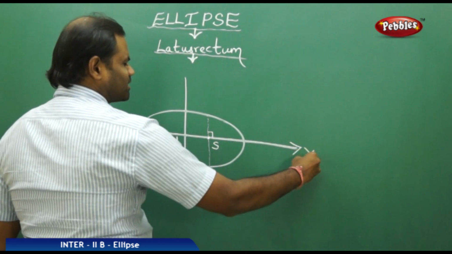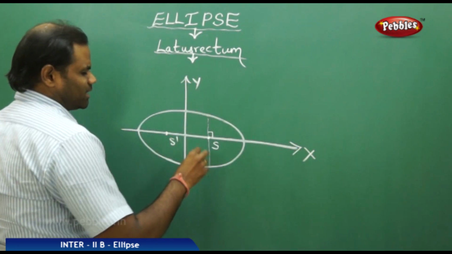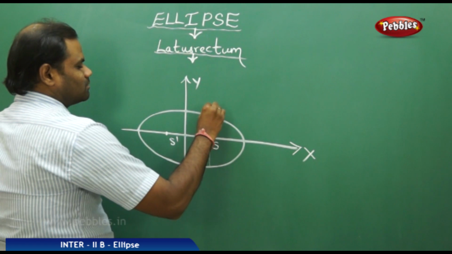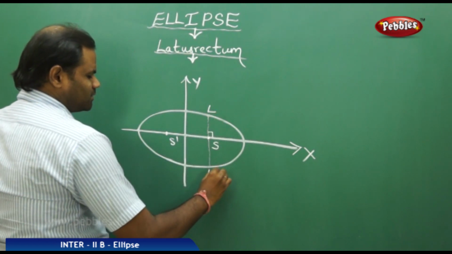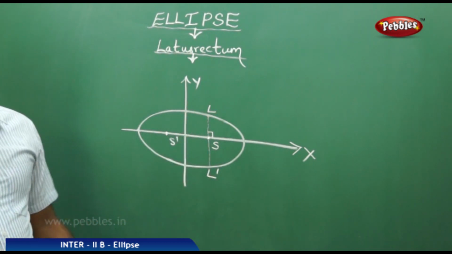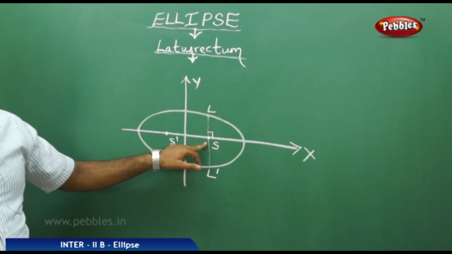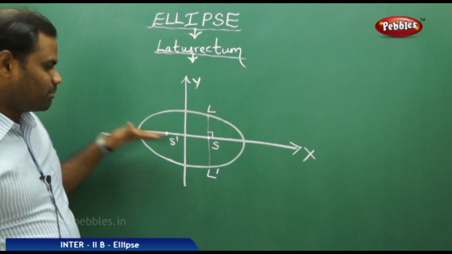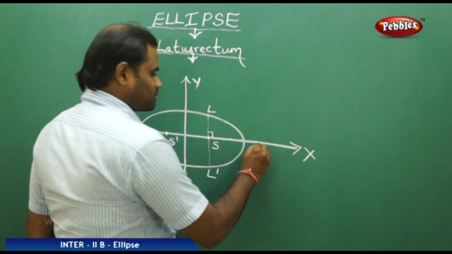This being the major axis and this being the minor axis, LL dash is a latus rectum because it is a chord passing through focus, that is the focal chord, and which is perpendicular to the major axis.